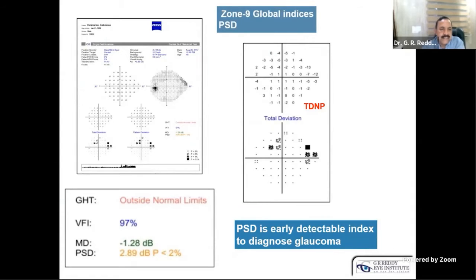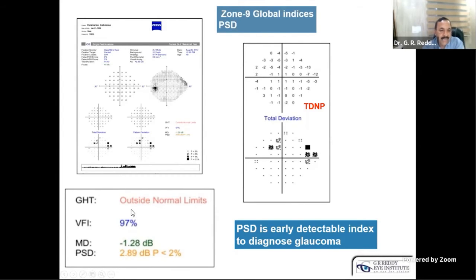Take for example, this is an early localized scotoma in the grayscale and the probability plot. If you see, the visual field index is 97%, and the mean deviation index is -1.28. So it is not significant, no p-value. It doesn't have any significance. But the PSD is 2.89 dB with a p-value less than 2%.